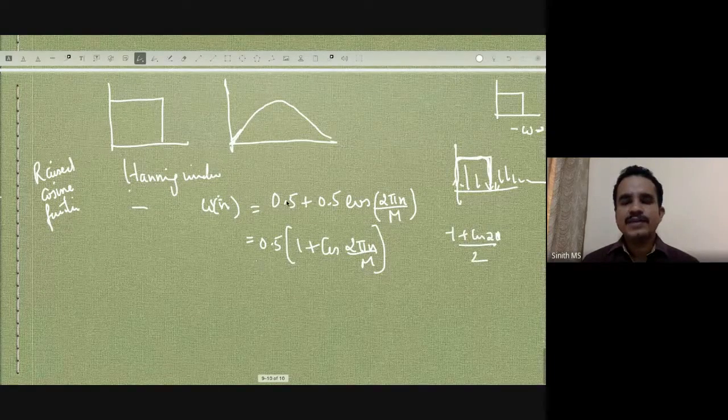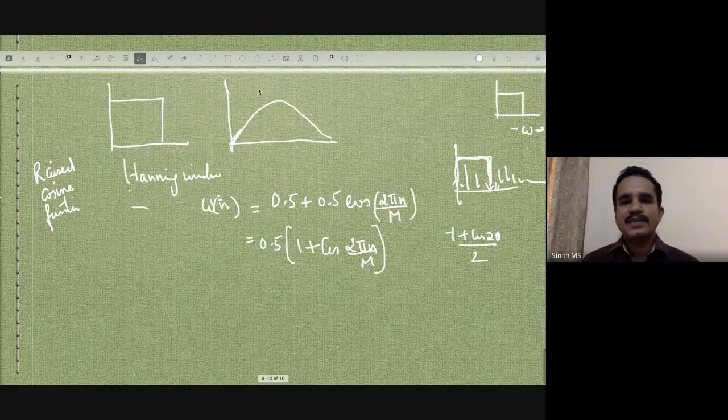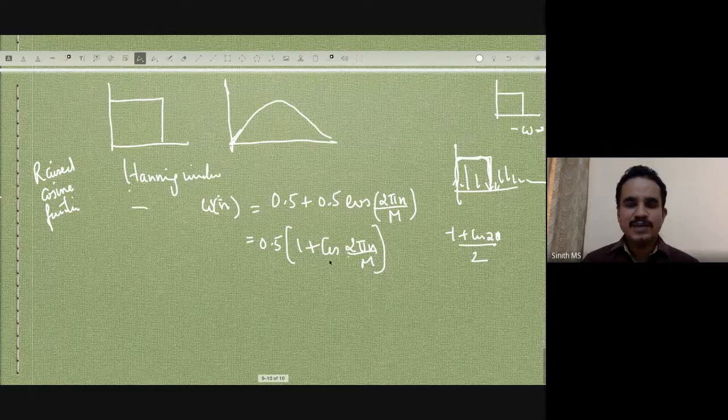So you can convert it in terms of cos square theta also. So it is a function which is cosine square, or you can also call it a raised cosine function with twice the frequency that is under consideration.